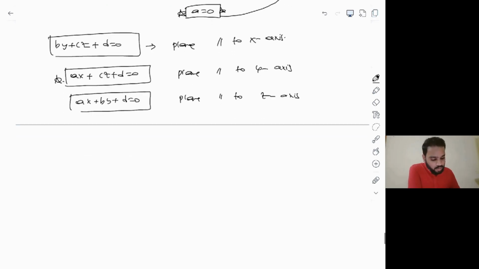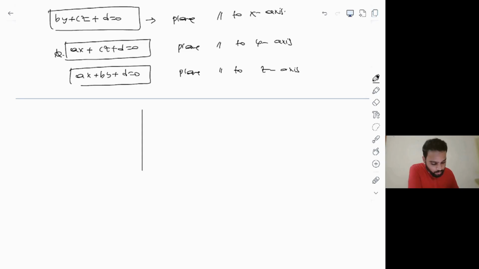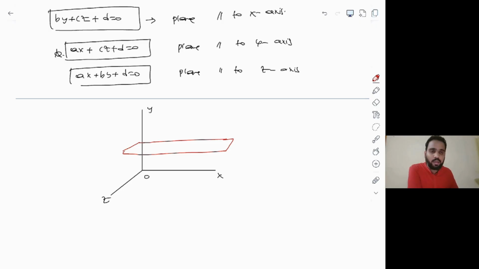And one more thing we need to understand here is, just imagine the diagram. Let's take this as the x-axis, this is y and z, and this is the origin. Now I want you to imagine any plane which is parallel to the x-axis. Let me take it something like this. So this plane is clearly parallel to the x-axis, right? What exactly happens is, whenever a plane is parallel to the x-axis, it will definitely be perpendicular to the YOZ plane.